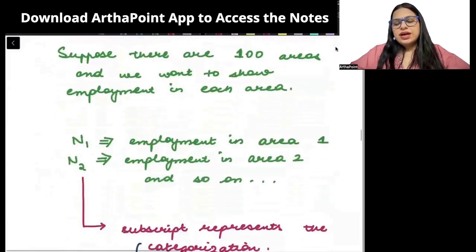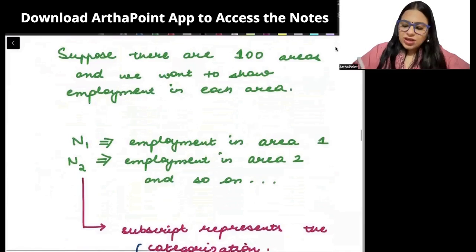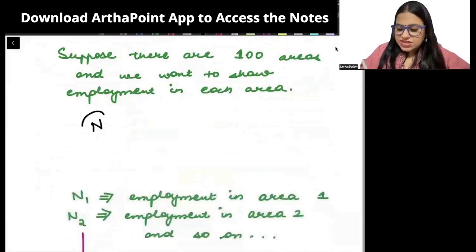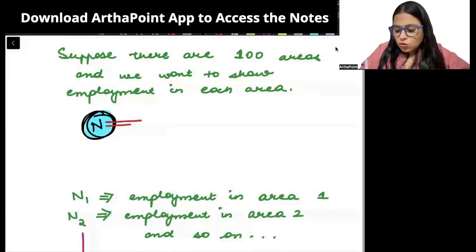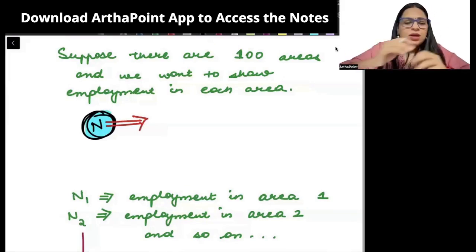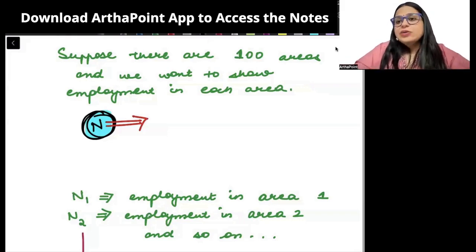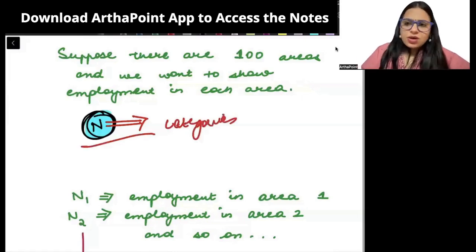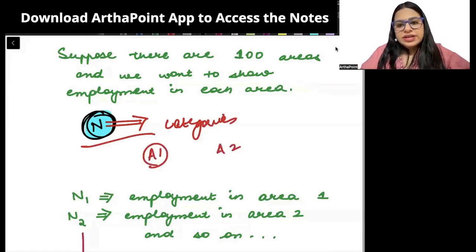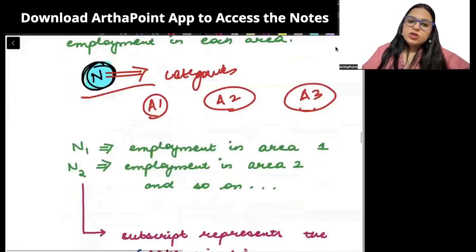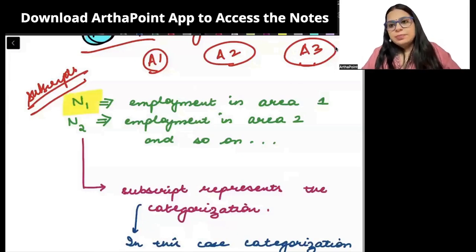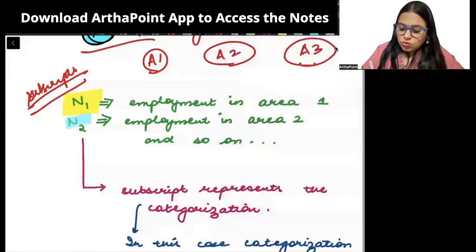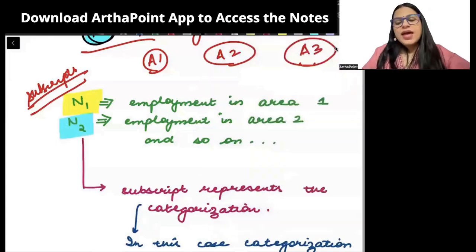Okay, now just try to see the categorization of economic variable. तो क्या हो गया ना कि suppose मैंने employment को represent कर दिया N से, I have represented employment by N, और अब मुझे क्या करना है, I need to go ahead and I need to create categories within employment. कि अच्छा, what is the employment in area 1, what is the employment in area 2, what is the employment in area 3, then I will use the subscripts. तो ये देख रहे हो, N1 represents the employment in area 1, N2 represents the employment in area 2, and so on and so forth.